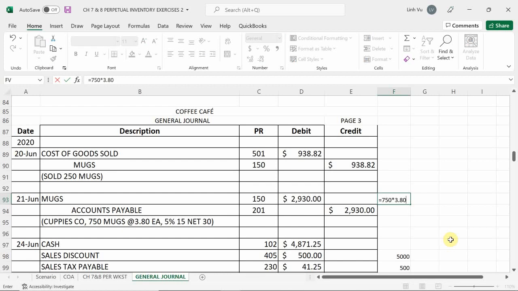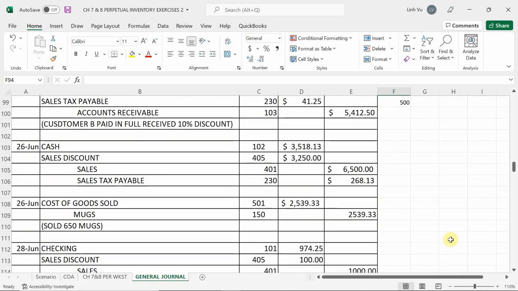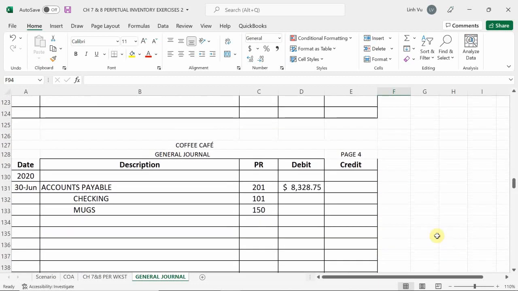Because that's my original purchase price, right? Without the freight. Okay? So I got $2,850, right? Because I believe the freight was $80. So in this case, I can only take 5% discount off of this $2,850. So what's my discount for that?